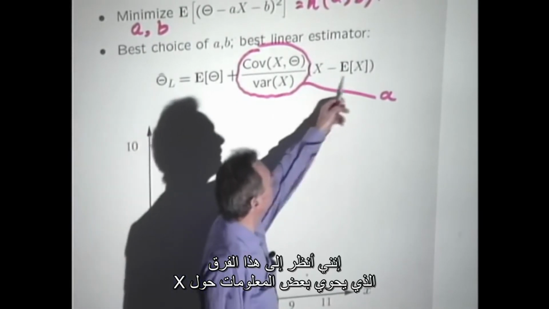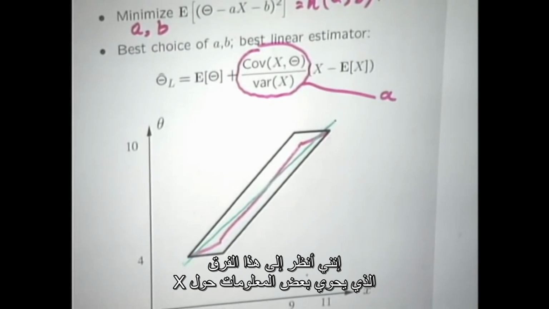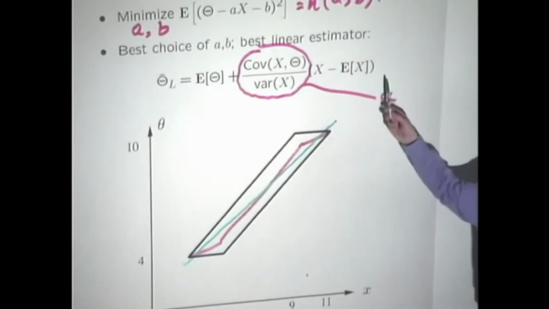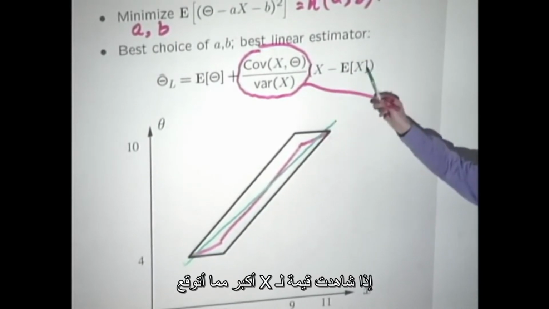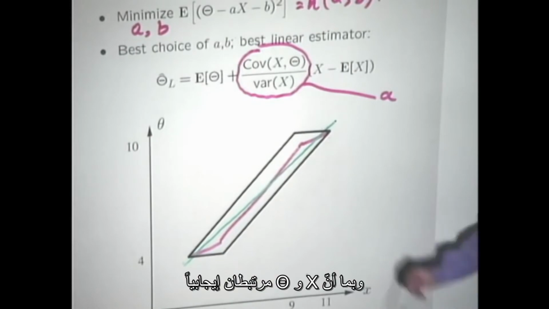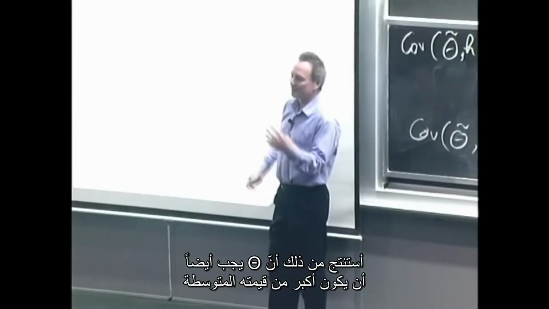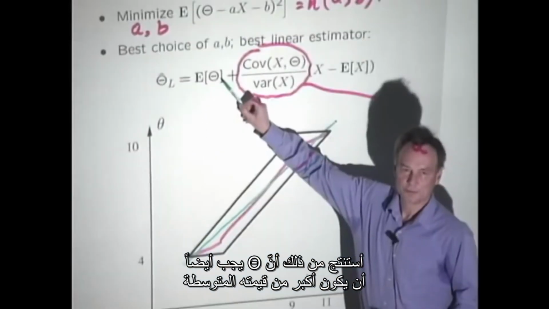I look at this difference, which is the piece of news contained in x. That's what x should be on the average. If I observe an x which is bigger than what I expected it to be, and since x with theta are positively correlated, this tells me that theta should also be bigger than its average value.